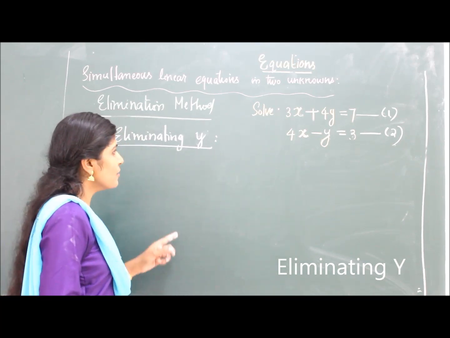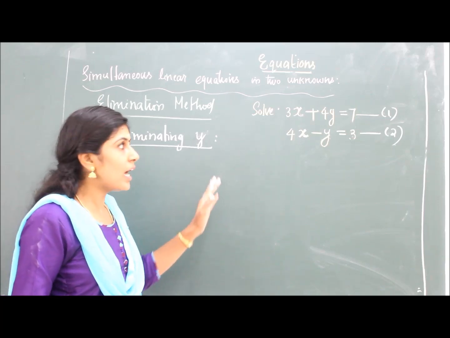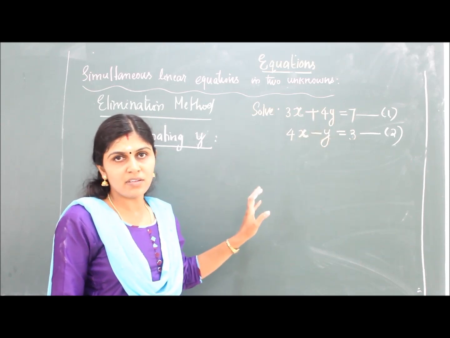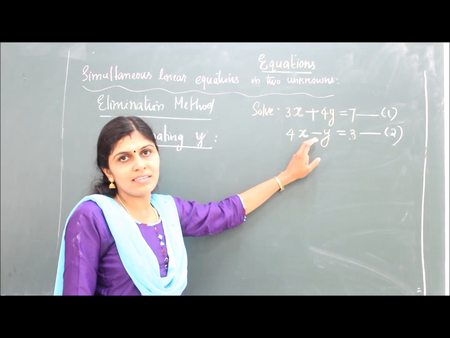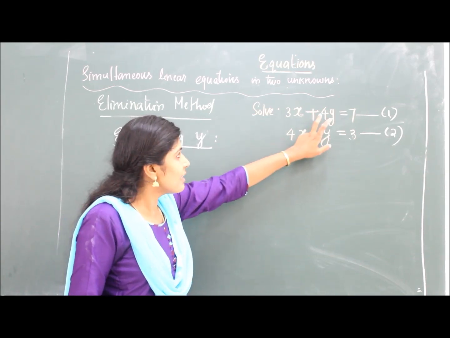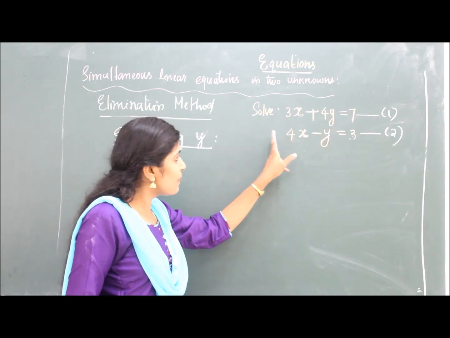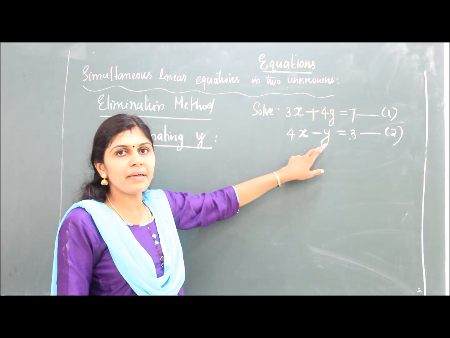Okay. Now as I told you, for eliminating y also, what you have to do? You have to make the coefficient of y the same in both the equations. But here making the coefficients equal is a bit easier. Why? Because see, here it is 4y and here it is y. So when you multiply the second equation entirely with this 4, what happens?